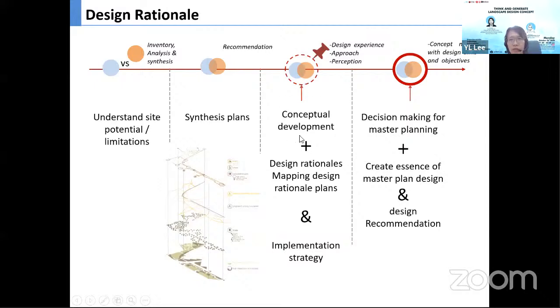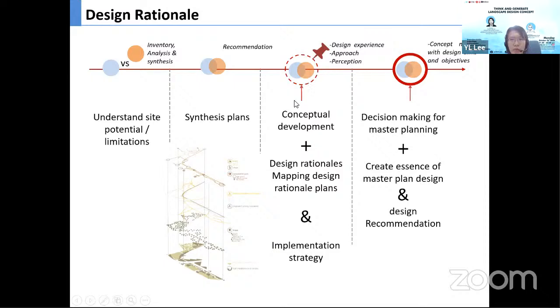Concept. When you come to the concept part, design experience, approach, and perception are very important. As I said earlier in my talk, you need to have experience in reading, you have to find an approach, and you need to strengthen your own perception when doing a design.